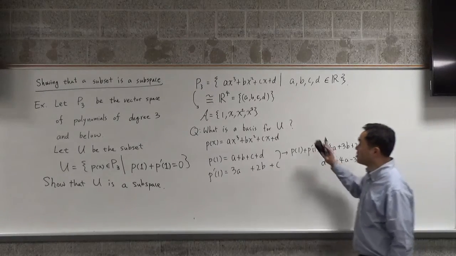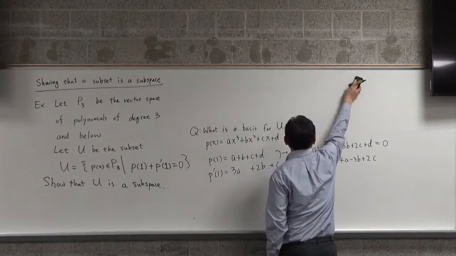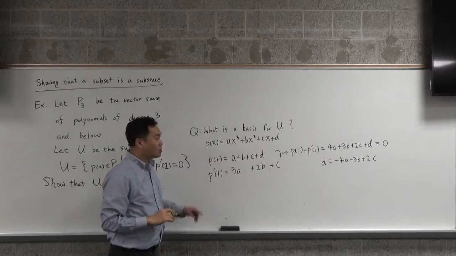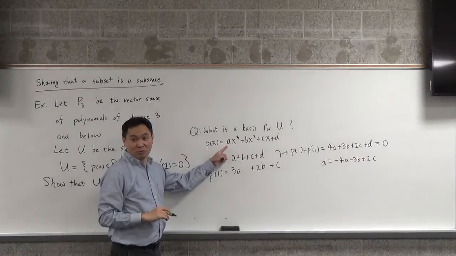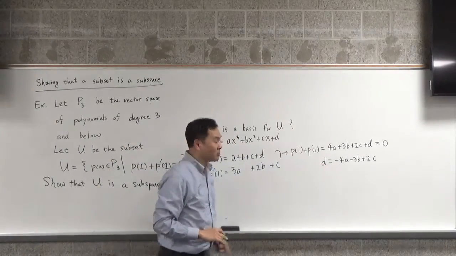Now here's something interesting. Now we can say U contains all the polynomials of this form, where d has to be of this form.